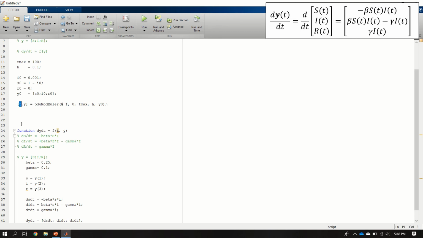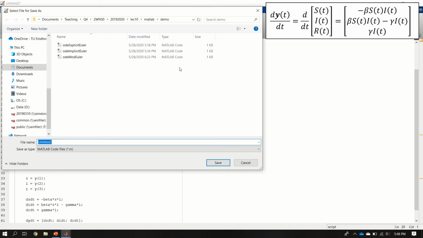Well, out will come the vector t for the time points where we have evaluated the solution, and the vector y, which will be the solution, so that will contain the amount of susceptibles, the amount of infected, and the amount of recovered in every time step. So let's see whether we can run this. Let me save it, give it a name. Let's call this demo SIR model.